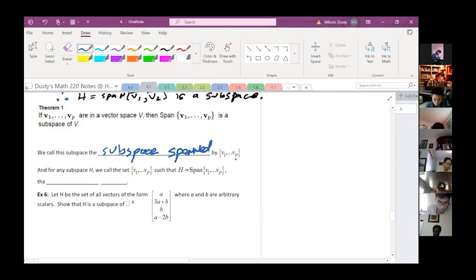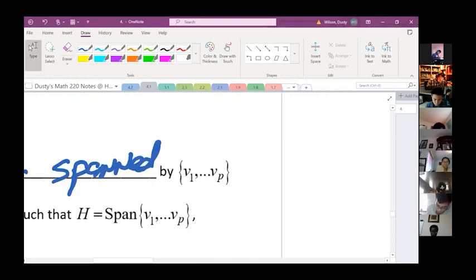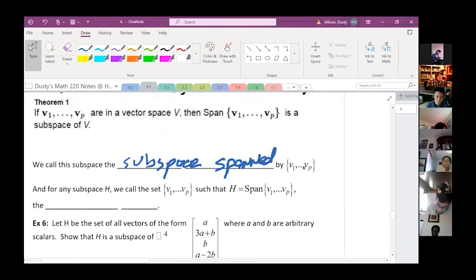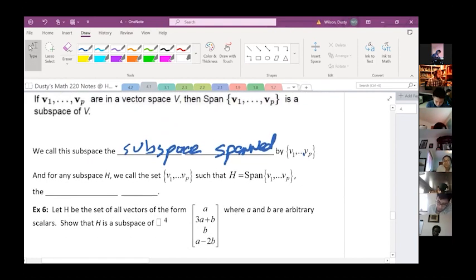Well, there's a missing comma here. And for any subspace H, we call the set V1 to VP such that H equals the span of V1 to VP. We call this the spanning set.